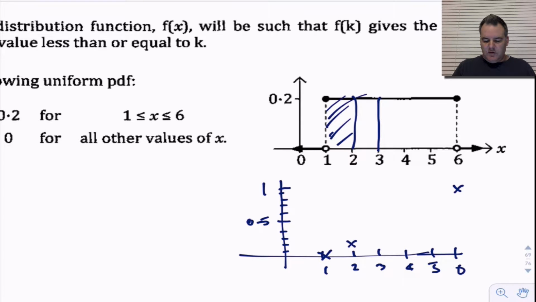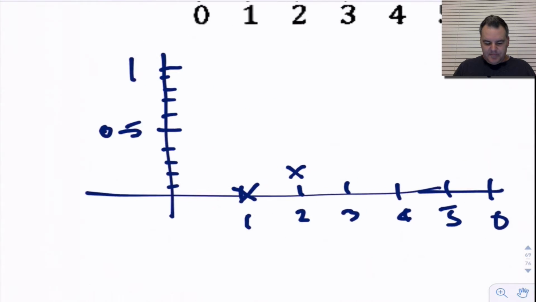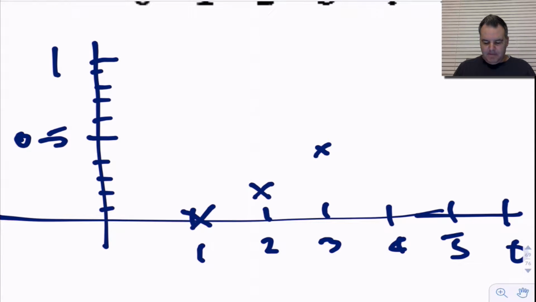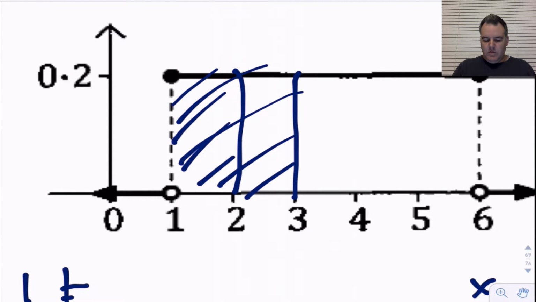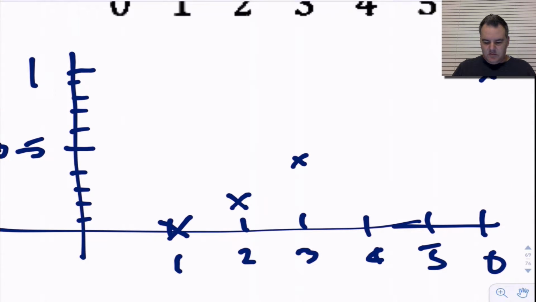That is going to be 0.4. Less than or equal to 4: 3 times 0.2, that's going to be 0.6. Less than or equal to 5 is going to be 0.8. And there we go there.